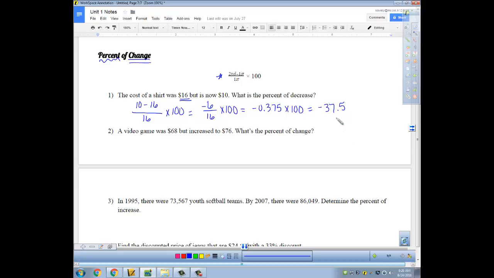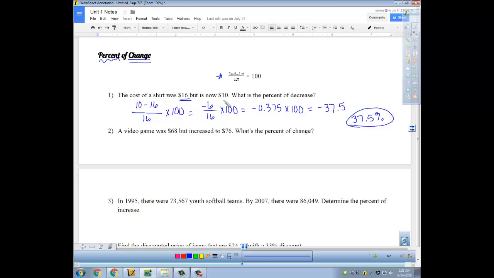There is no such thing as a negative percent. So if you see a negative in your answer, it just means it was a decrease. If your answer is positive, it means it was an increase. But for my final answer, even if it has a negative on it like this one, I'm going to write my answer as a positive number because you can't have a negative percent. So it's a 37.5% decrease.